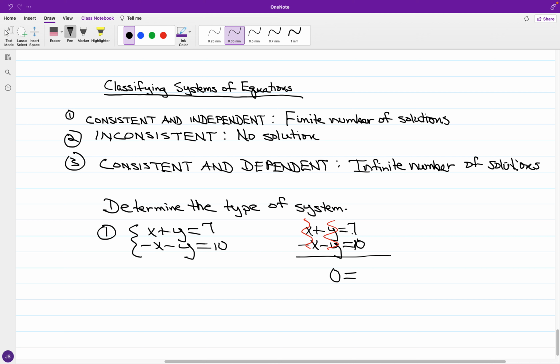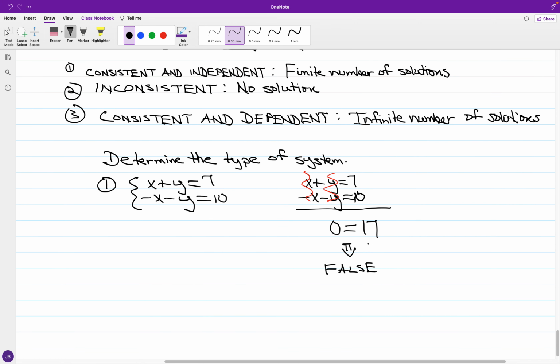The left-hand side is going to be 0, 7 plus 10 is 17, and of course, that's a false statement. So for x and y, there will be no solution, and the type of system is going to be inconsistent.